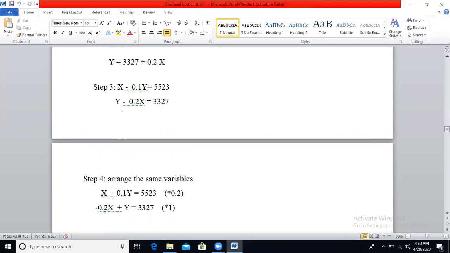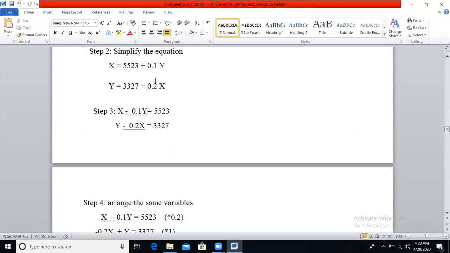Now, third step is take all the common factors into one side. So X, this plus 0.1Y is there on the right hand side. If this comes on left hand side, plus 0.1Y will be minus 0.1Y is equals to 5,523. Like that, Y plus 0.2X is there on right hand side.